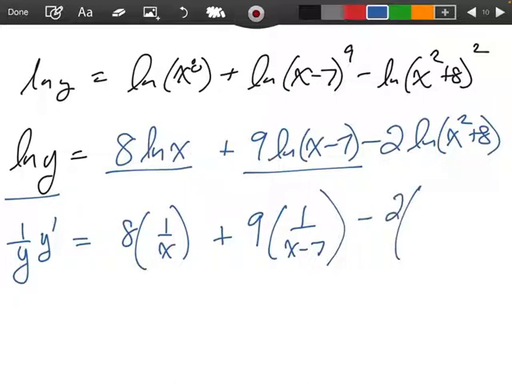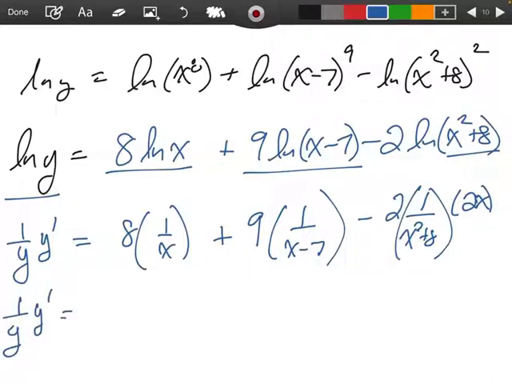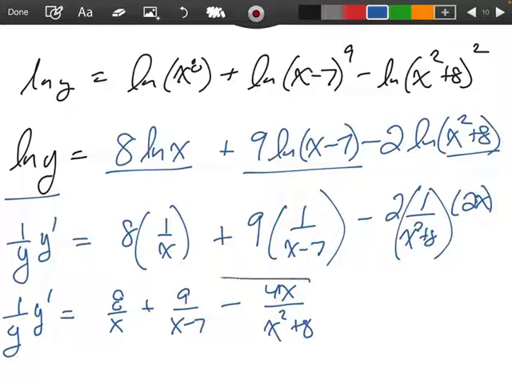The next one is going to be 2 times 1 over x squared plus 8 times the derivative of the inside, which is 2x. So we still have 1 over y and a y prime. So that's 8 over x, 9 over x minus 7, and a minus 4x over x squared plus 8. Next thing we've got to do is get all these together.